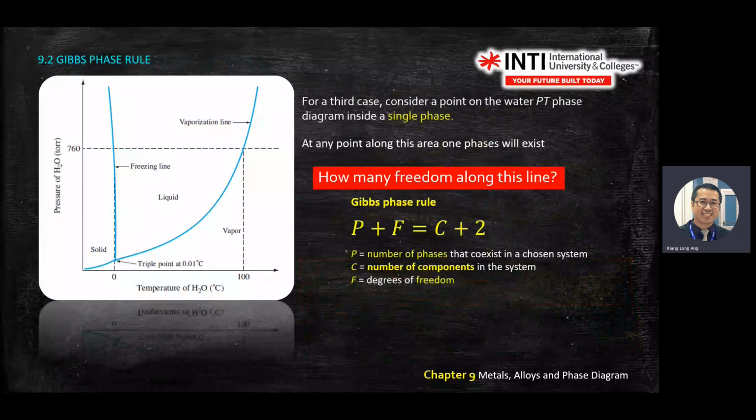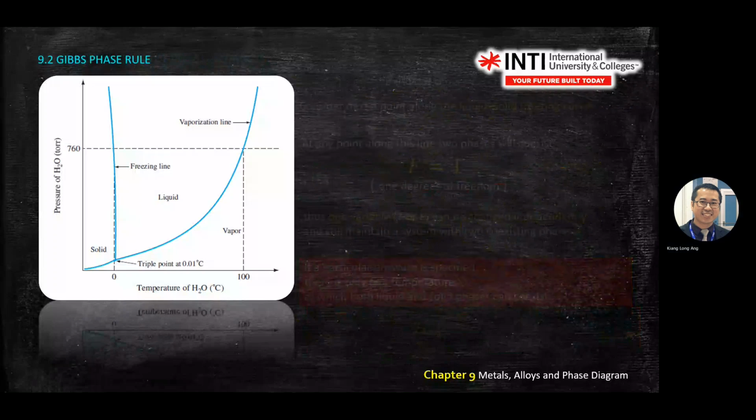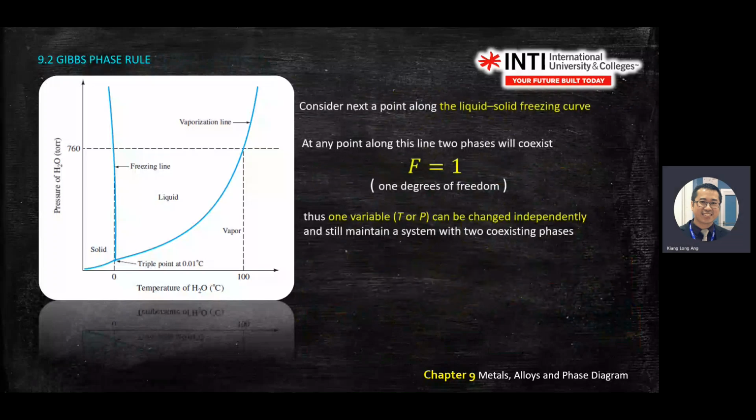Okay, I switch back to the previous slides. Now, if we only look at this liquid-solid curve, along this line, how many phases can exist? 2 phases. It can either be solid or liquid.